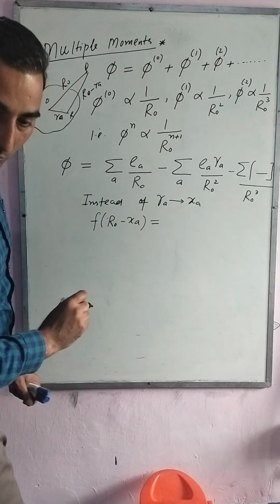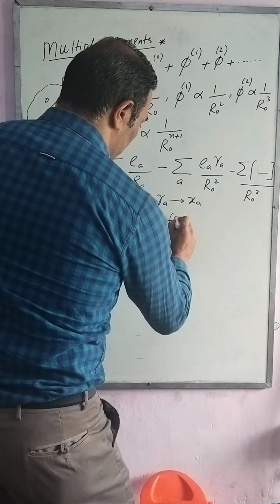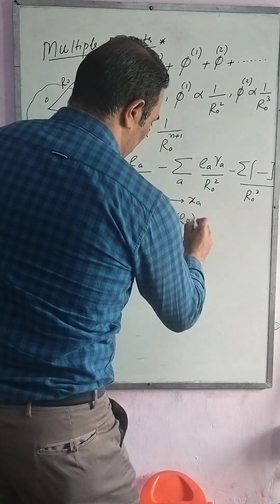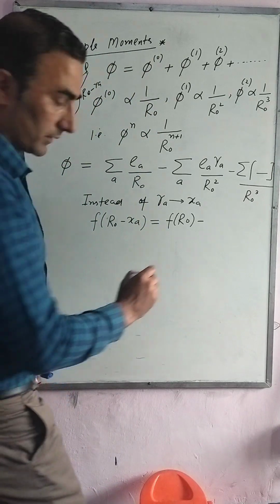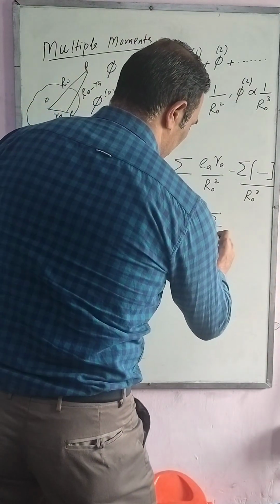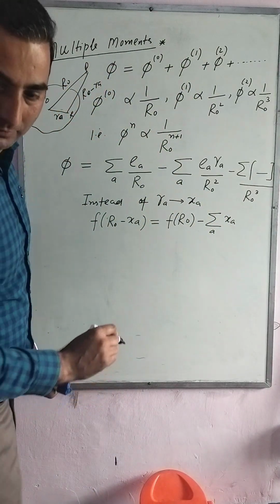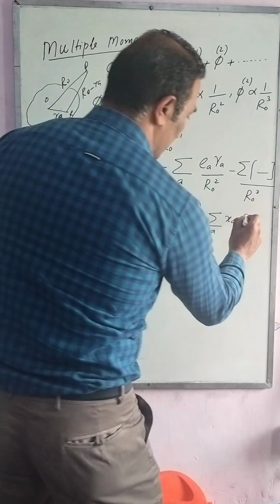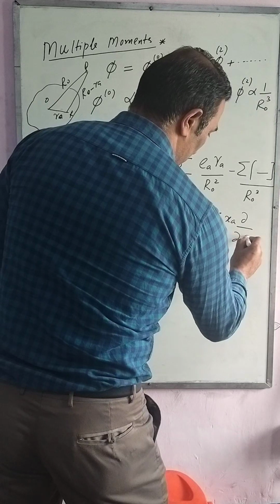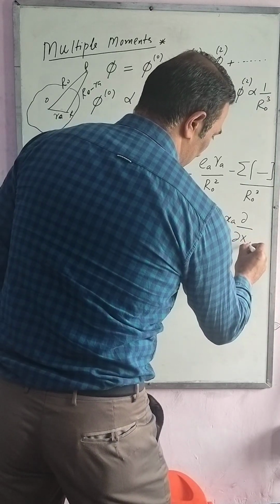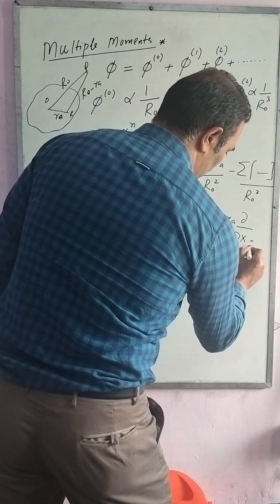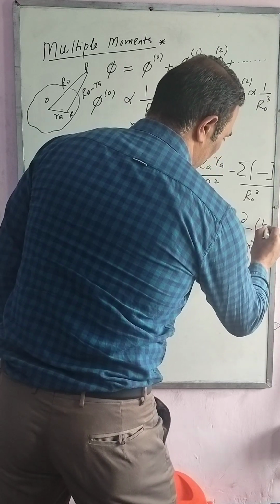So this will be equal to f of R naught, first term, minus the summation over A of XA partial over partial X alpha, into 1 by.